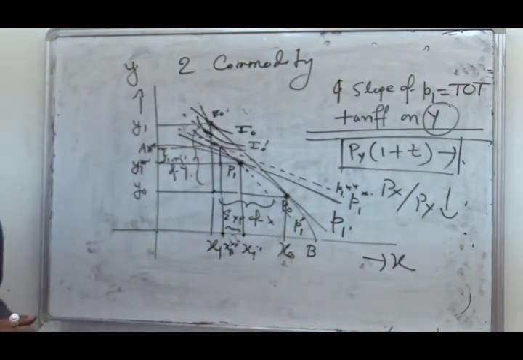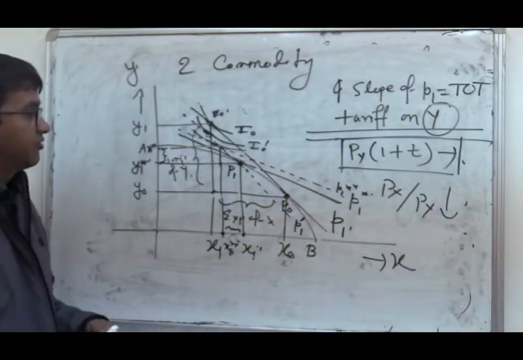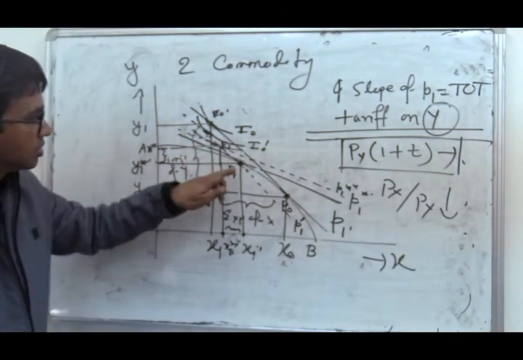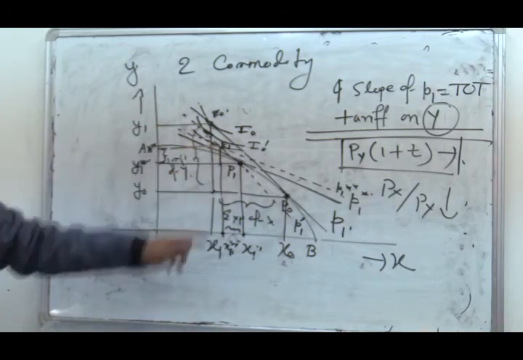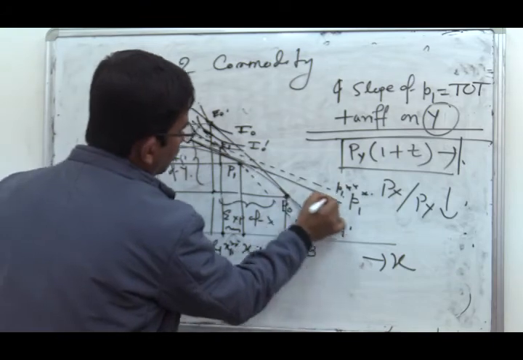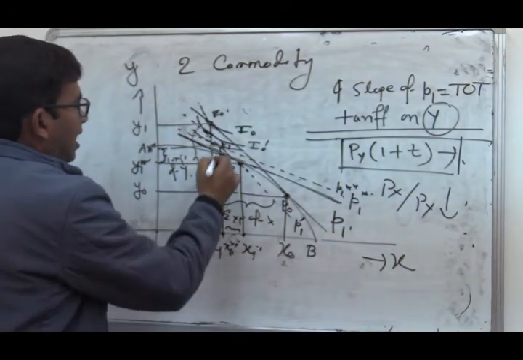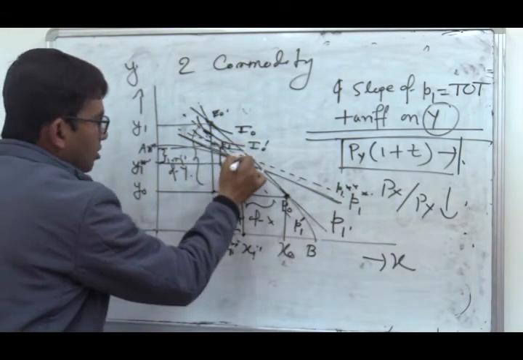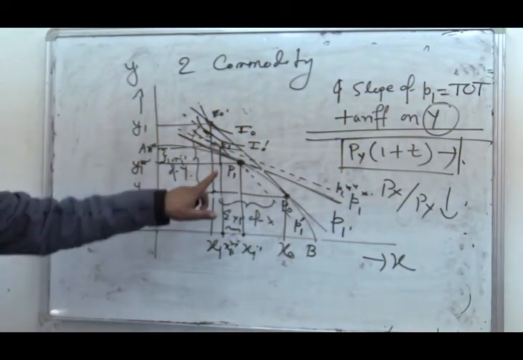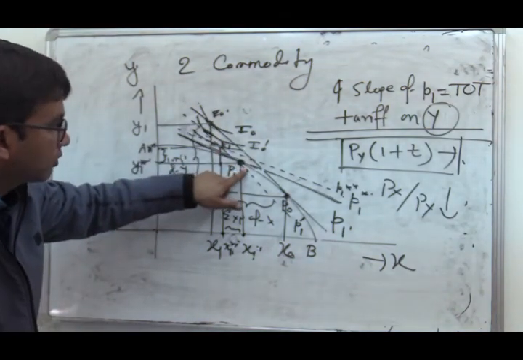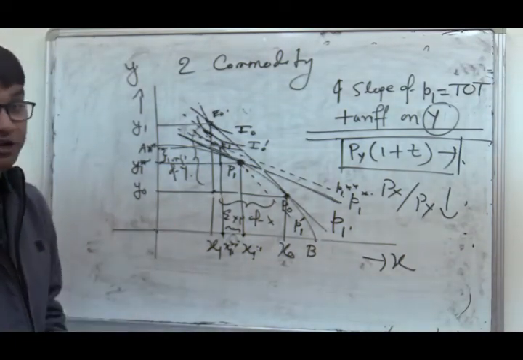And number 3, what is the price effect? What is the revenue effect? So see point P1 dash, let us give this point E1. So point P1 and E1. P1 is on the lower price line, and this price line indicates the value of domestic production at factor cost.